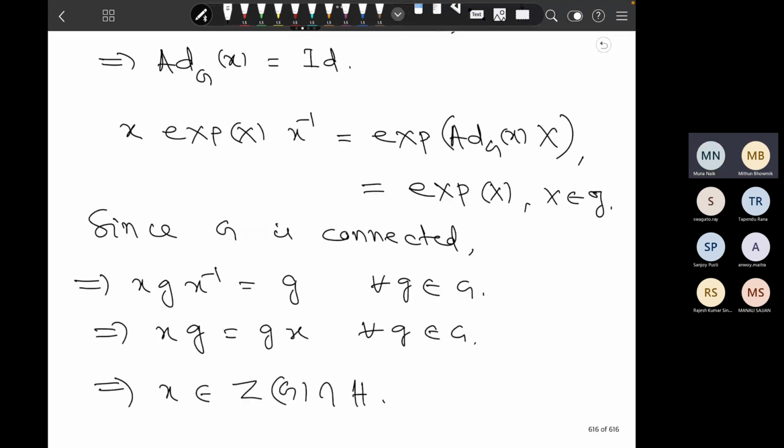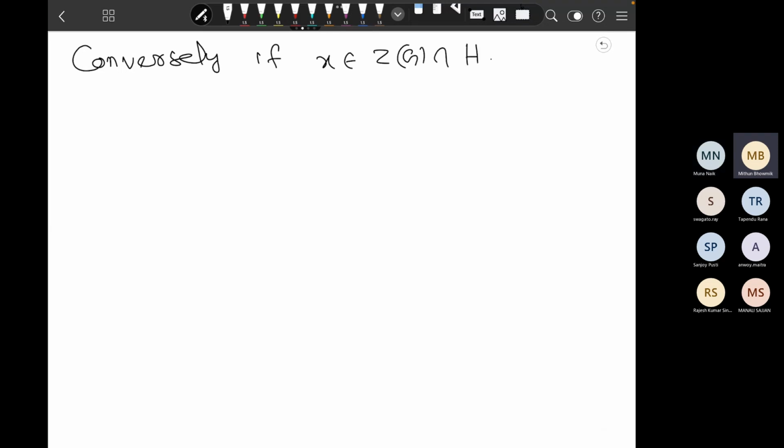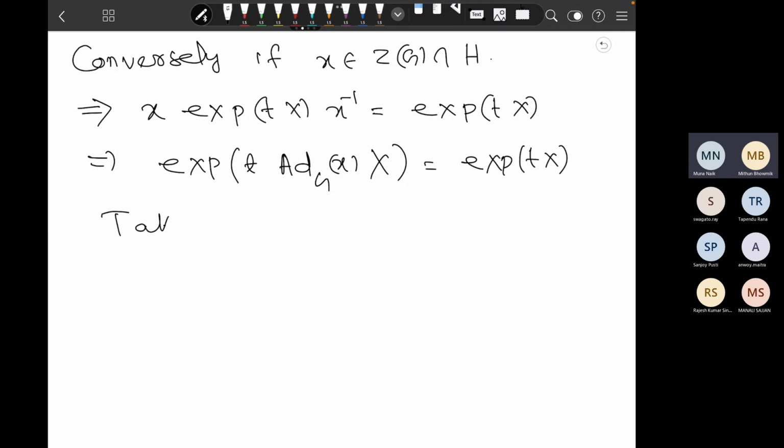Now conversely, if x belongs to Z(G) intersection H, then x exp(tX) x⁻¹ is exp(tX) because x belongs to the center, and this is exp(t Ad(x)X) equal to exp(tX).